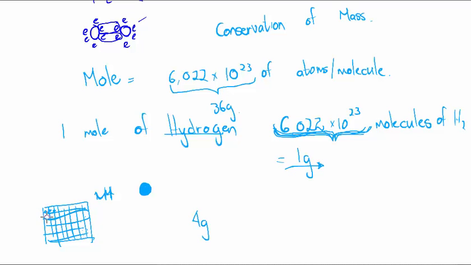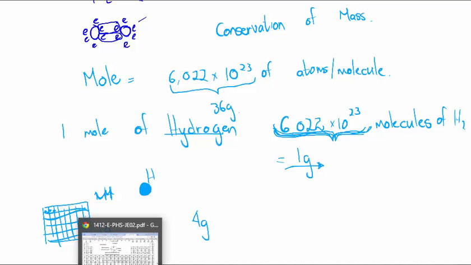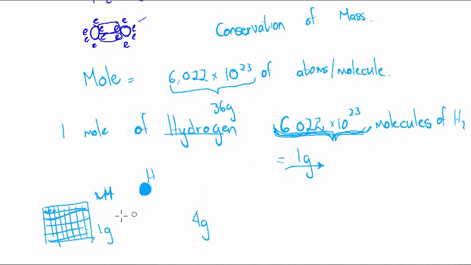Now if I fill every compartment with a hydrogen atom, and imagine the container has no mass, then after I filled every block, this thing will weigh 1 gram. If I fill every block here with helium, in total it will weigh 4 grams.